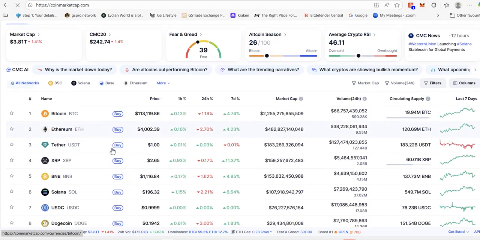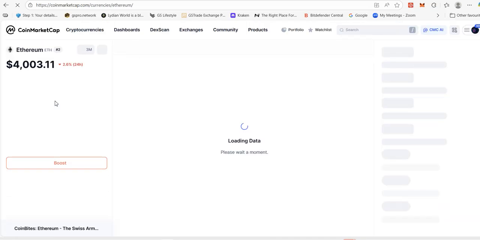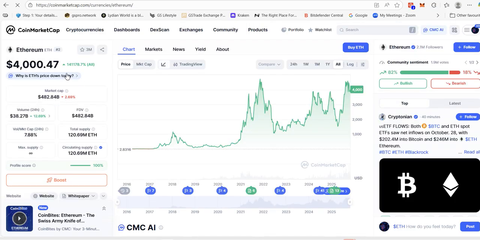You can have a look at the top 10 and go look at Ethereum, because Ethereum now is sitting at $4,000. If you look at the all-time chart, this was like March last year, and here we're looking at $1,500 per Ethereum.